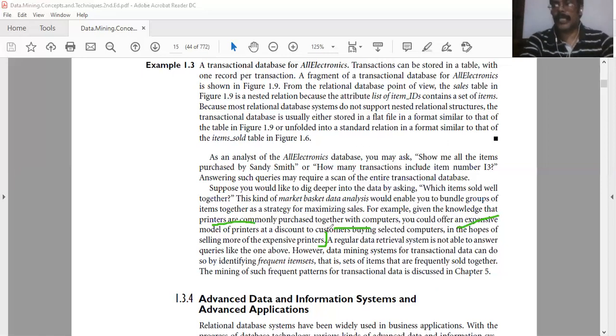A regular data retrieval is not able to answer these queries. So a data mining system for transactional data can do these tasks by identifying frequent item sets. Frequent item set means a set of items that are frequently sold together.